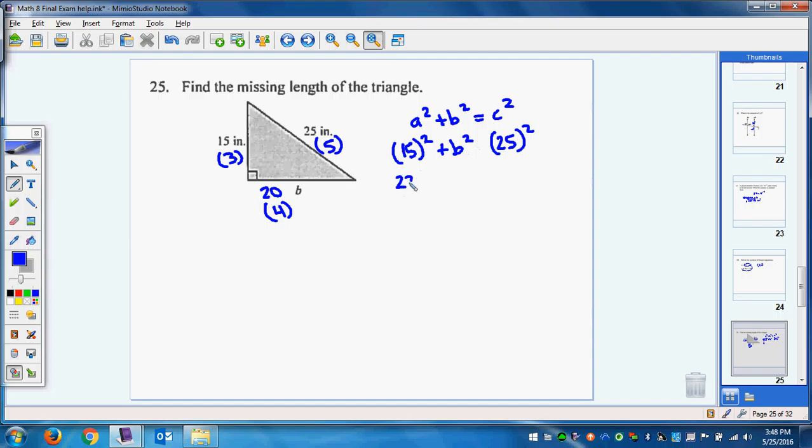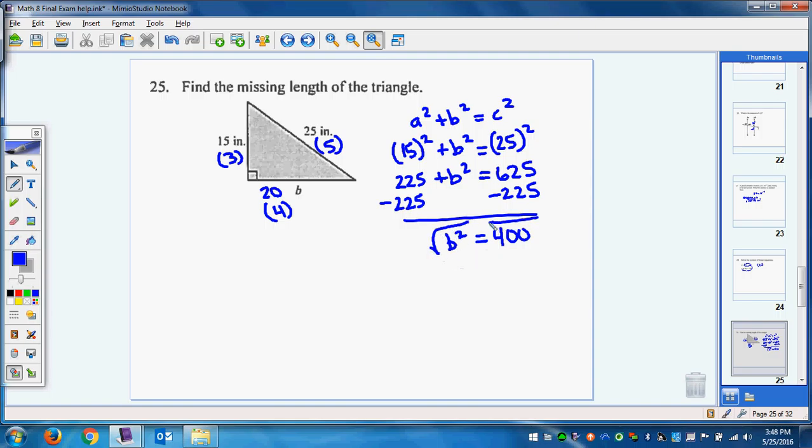So this gives me 225 plus b squared is equal to 625. Subtract 225. B squared is equal to 400. So square root both sides. So b is equal to 20.